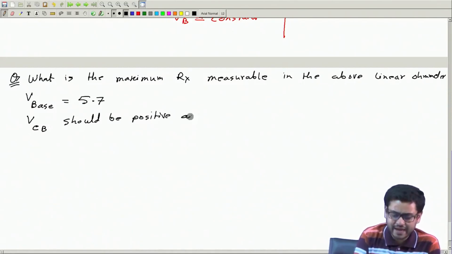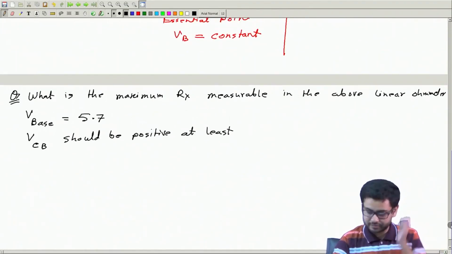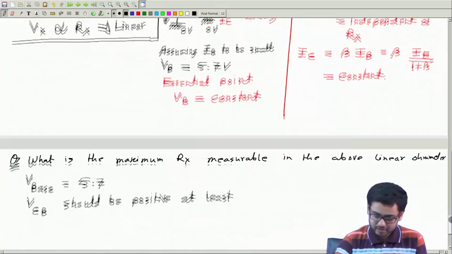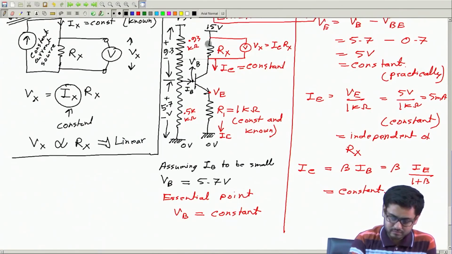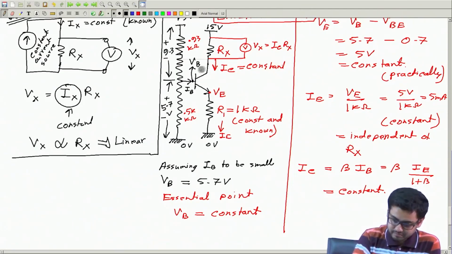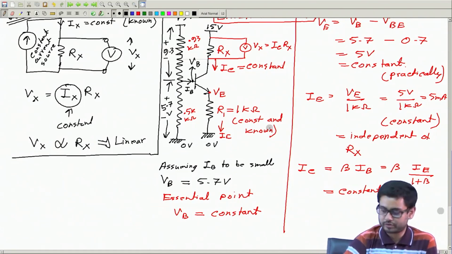It should be positive at least, otherwise the transistor will not act in the active region. So we need more than 0 volt drop, a positive voltage drop, so that we get IC equal to beta IB. Otherwise, this relationship will not be true.